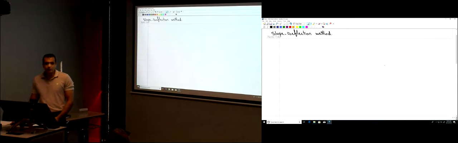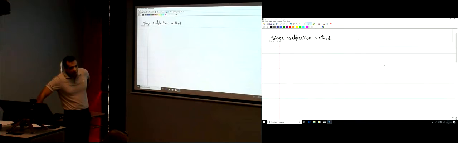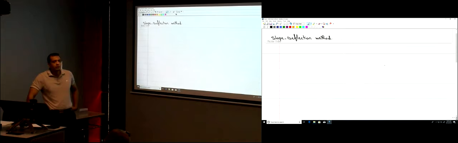So what's the slope deflection method? It's a method that is used to find the internal forces and deformations in indeterminate beams. Can you use it to find the deformations or the deflections or the internal forces in a determinate beam? Yes, but it's going to be tedious.